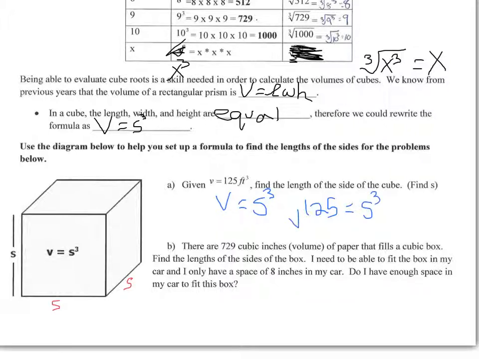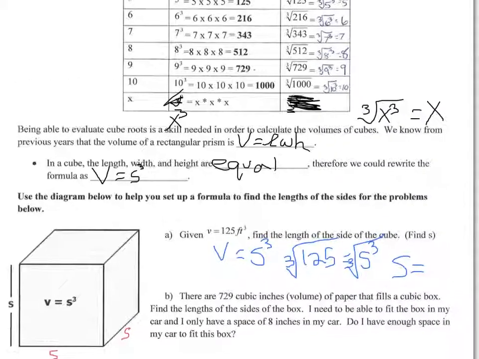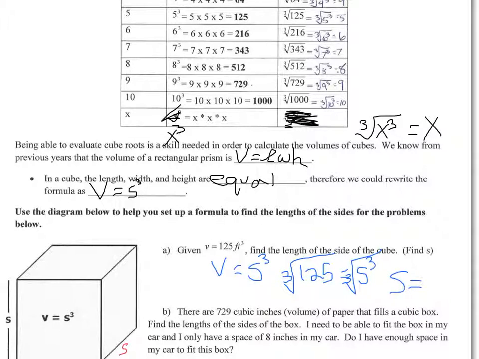To solve for S, you don't take a square root, you take a cube root because it's S cubed. And you end up getting S equals, and you either look above or you type it in your calculator. The cube root of 125 is equal to 5. If you don't know how to type it in your calculator, don't worry about it. I'll show you how to type it in tomorrow.